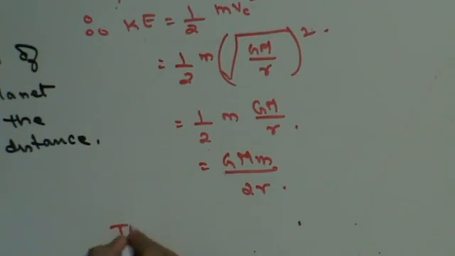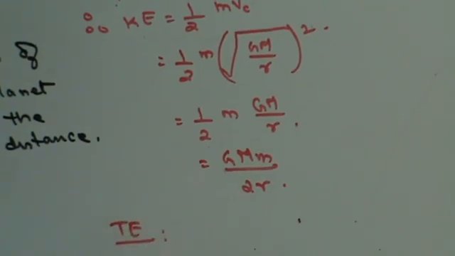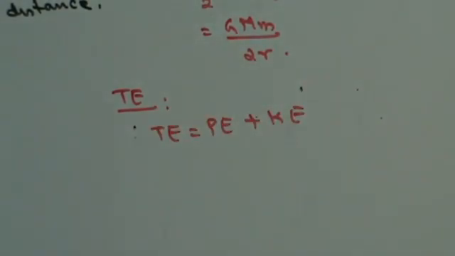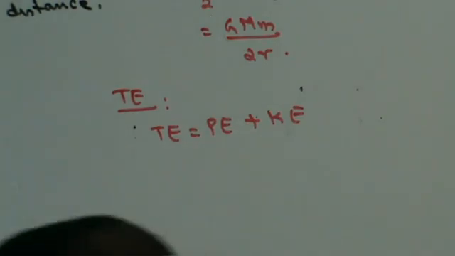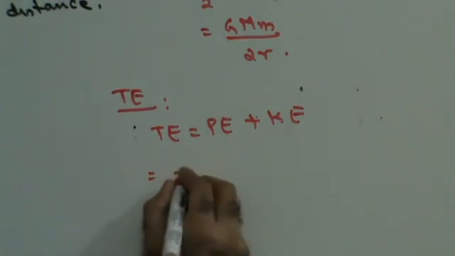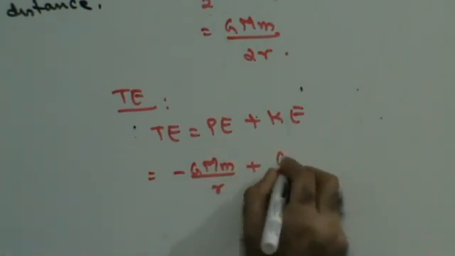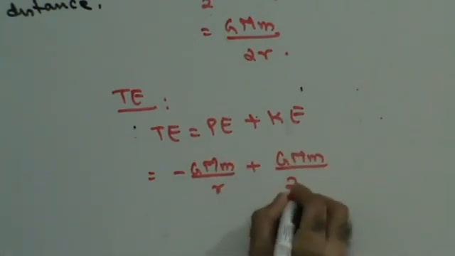In that case, what will be the total energy possessed by the satellite? Total energy possessed by the satellite is the sum of its potential energy and kinetic energy, right? So in that case, I can say that this is potential energy minus GMm upon r plus GMm upon 2r.